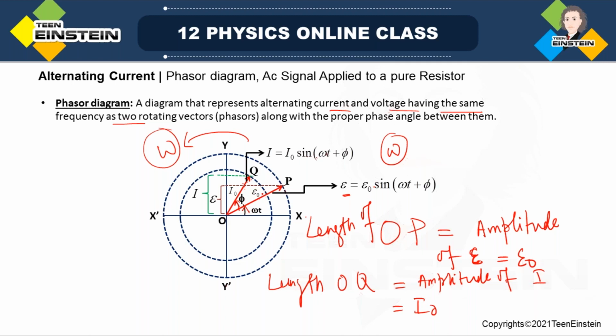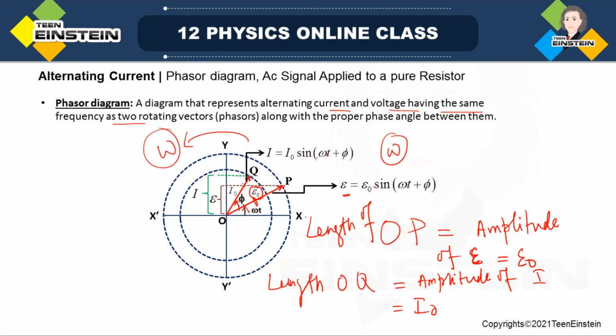So this vector is actually representing your EMF. It has magnitude E0, so the length of OP will give you the amplitude, which is E0.